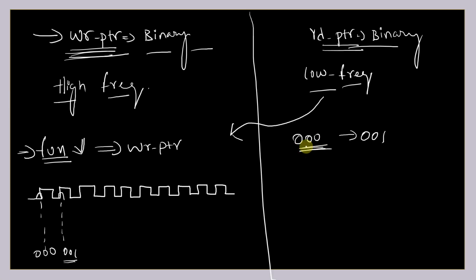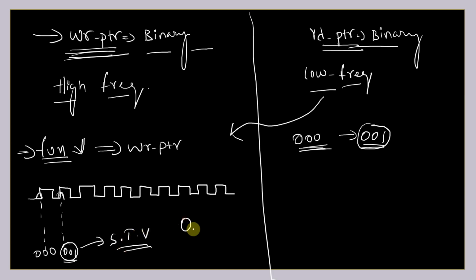During this particular transition from 000 to 001, when we are getting this 001 information, let's say at this second edge of clock there was some setup time violation or hold time violation because these two are different clock domains, right? Let's assume that while sampling this 001, there was some setup time violation.